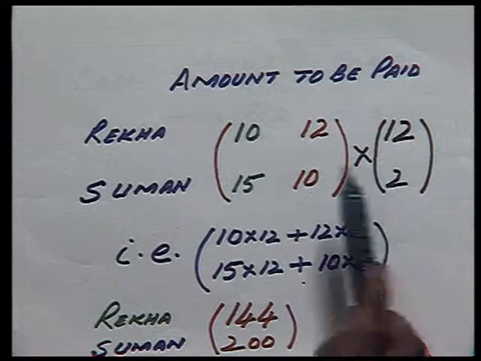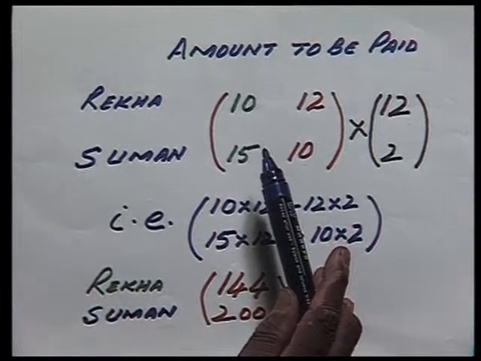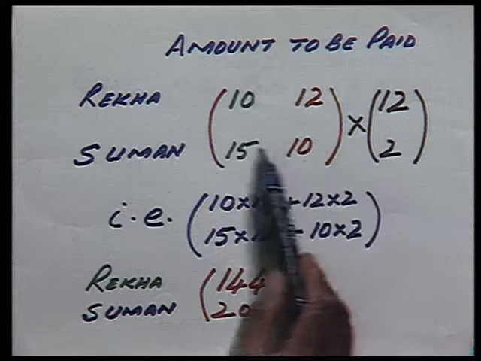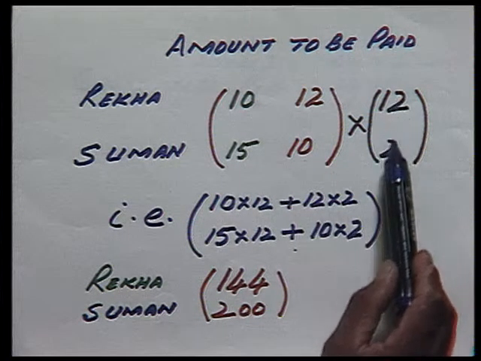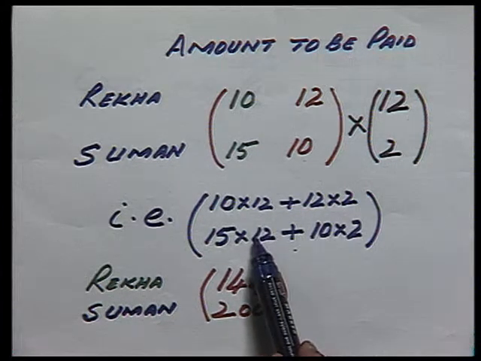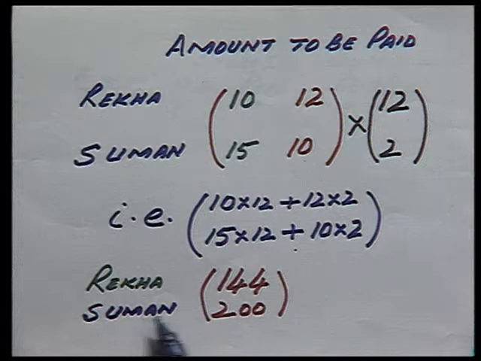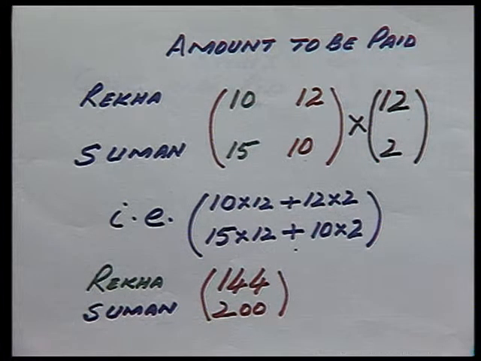See how we have gone about the multiplication. What we did was we multiplied these numbers respectively with these numbers, and that is how we got these two pieces of information. And so, Rekha has to pay 144 rupees and Suman has to pay 200 rupees.